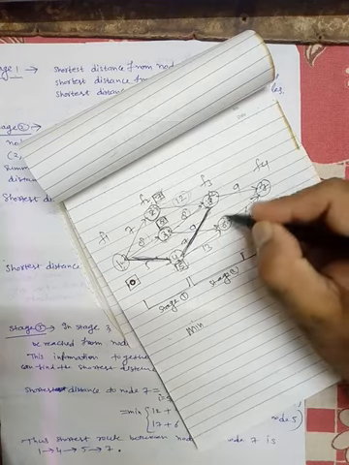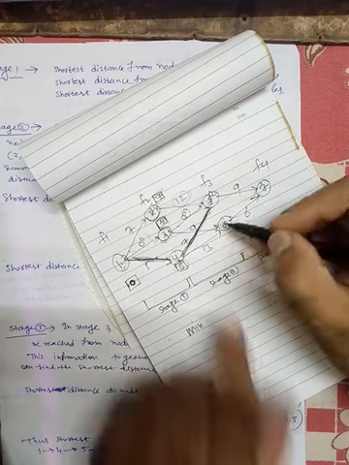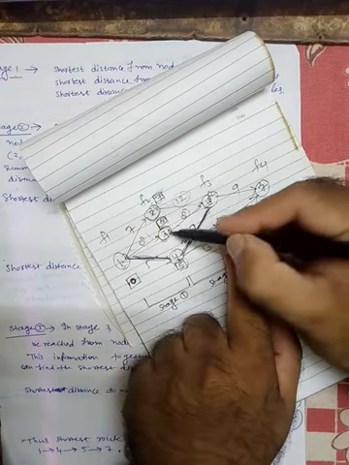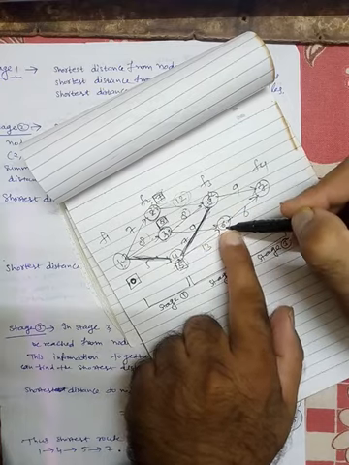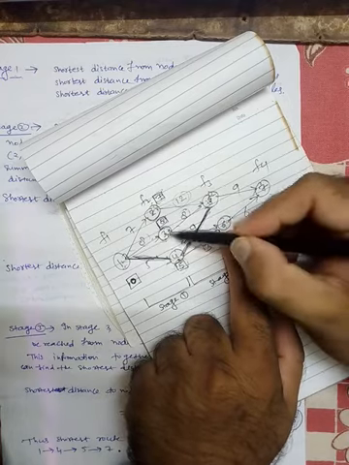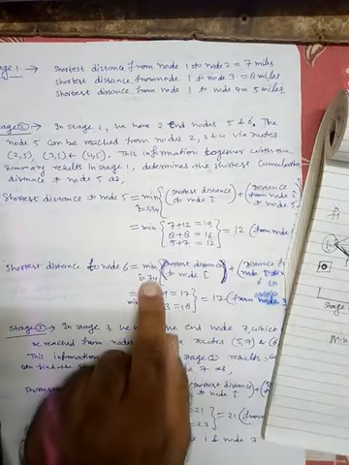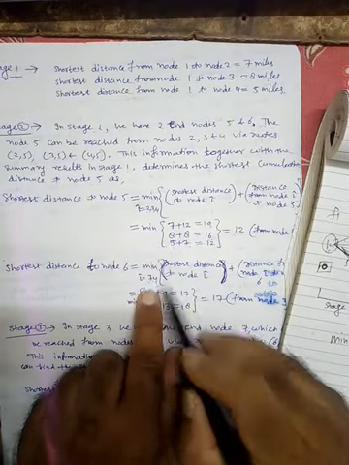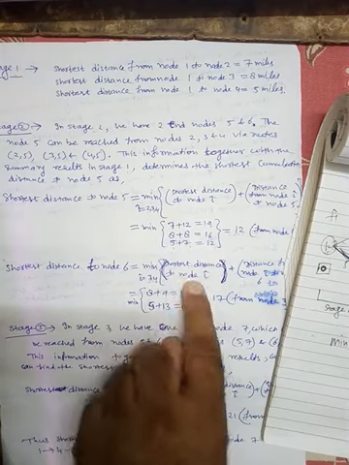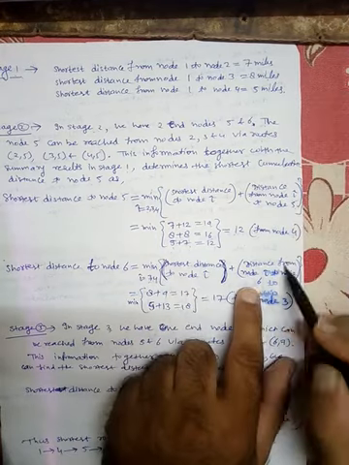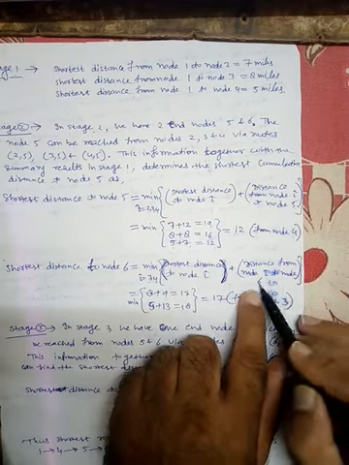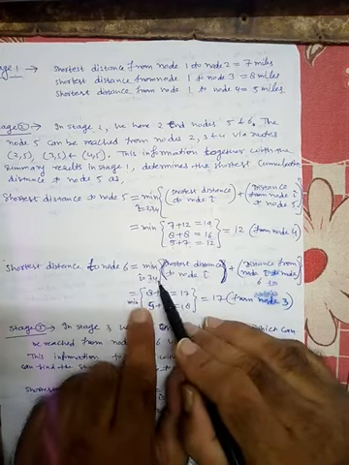Similarly, to reach 6, we have two options, either I come from here or from here. 3 and 4 are the possible values of I, and hence for node 6 we have the minimum of 3 and 4: the shortest distance to node I plus the distance from node I to node 6, where I is either 3 or 4.